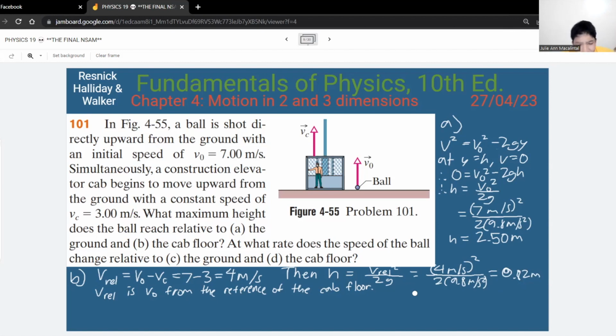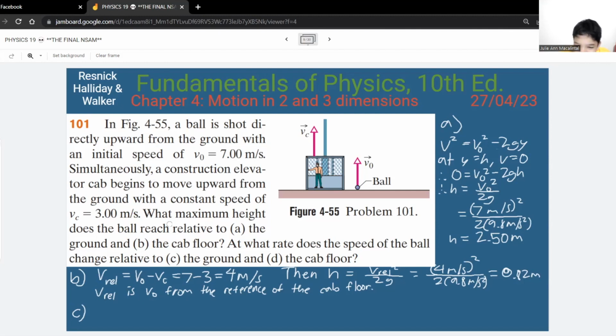At what rate does the speed of the ball change? 9.8, that's g. And how do you justify that? What is the relationship between the velocity of the ball measured by a ground-based observer and the velocity of the ball measured by the cab-based observer? Let's start there.